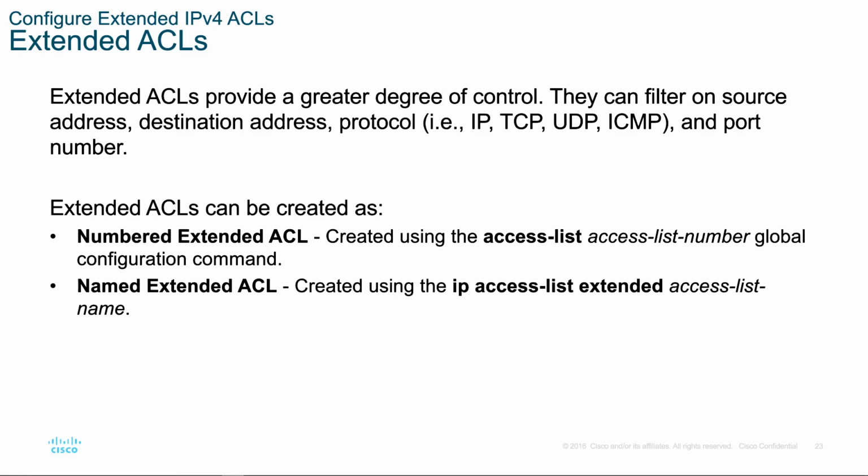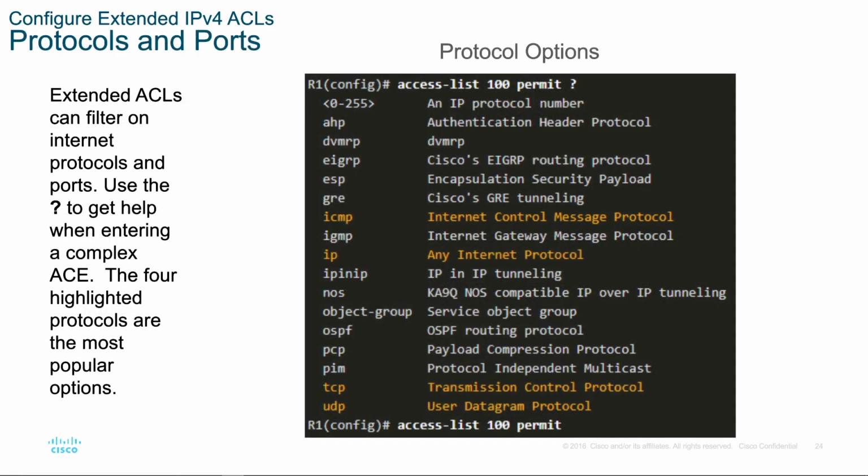Extended ACLs. Now this is where it gets a little bit more interesting, because we can now filter on source address, destination address, and protocols being used and port numbers. So it becomes more finite. So we have absolute control over this filtering. So if you look under the protocols, which we need to specify after the action command.